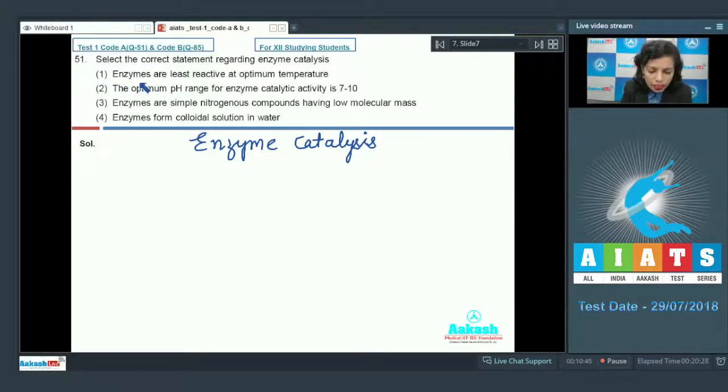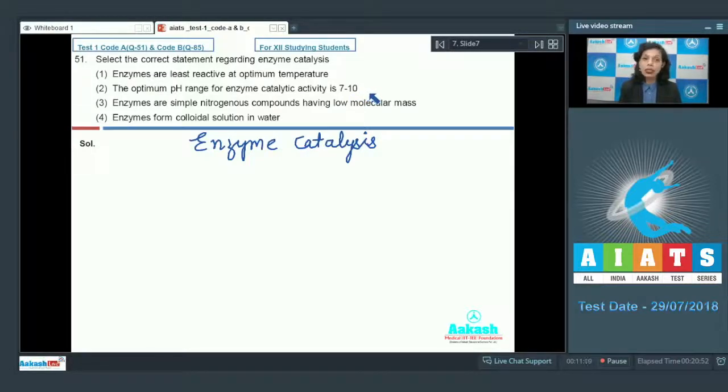The first option is enzymes are least reactive at optimum temperature. We already discussed these are most reactive at optimum temperature, so definitely this is the wrong statement. Further, we have the next statement that the optimum pH range of enzyme catalytic activity is 7 to 10.